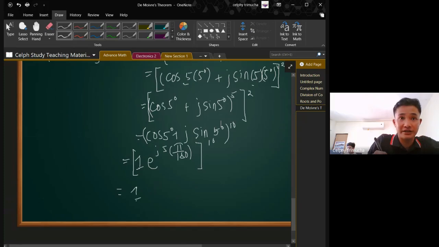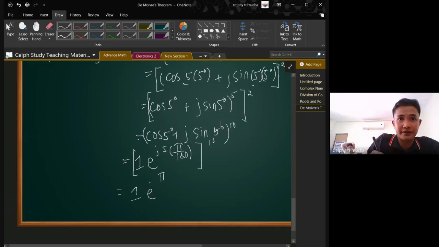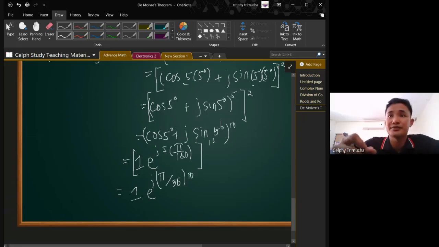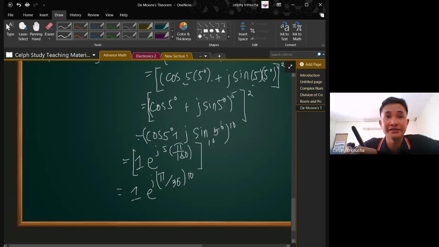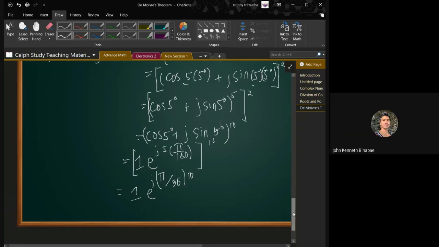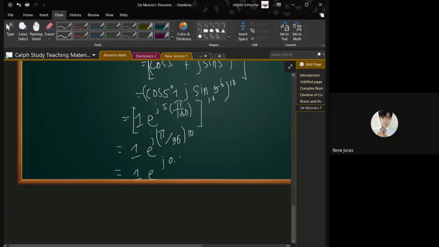So 1 times e to j times 5 times pi all over 180, this will be equal to j times pi all over 36, simplified, times 10. So 0.873. So we have 1 e to j times 0.873.